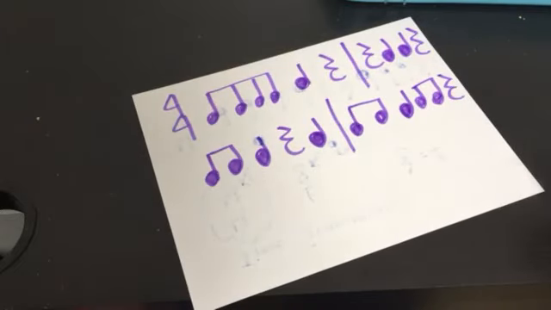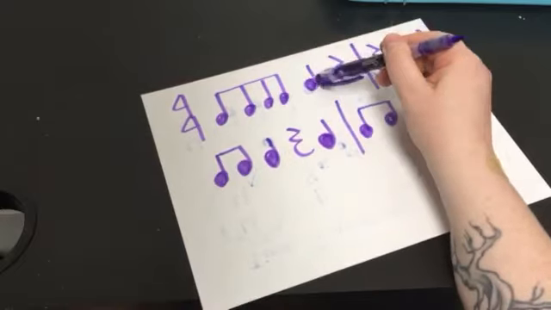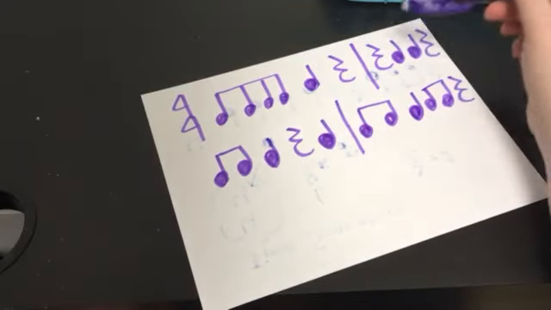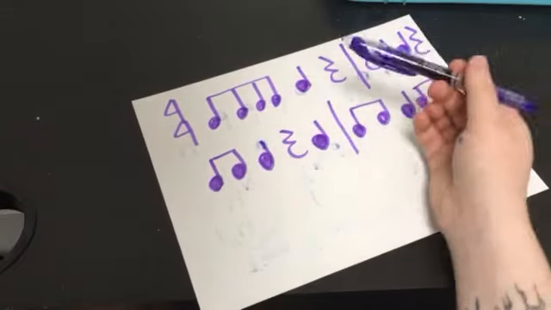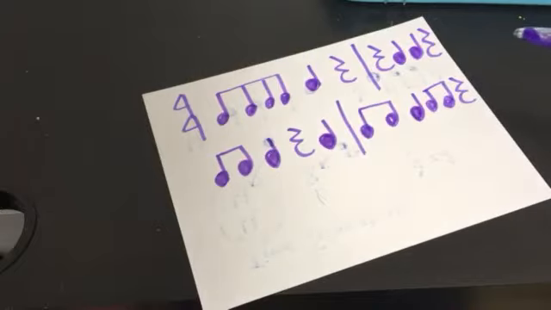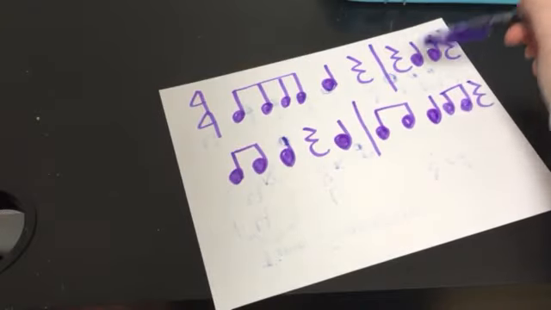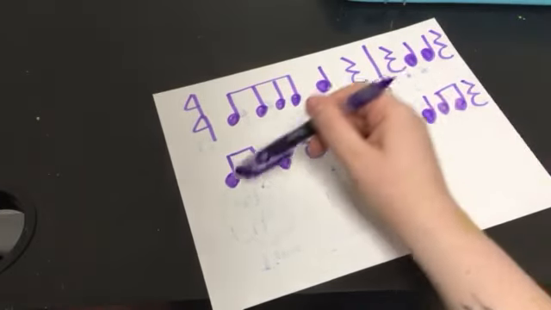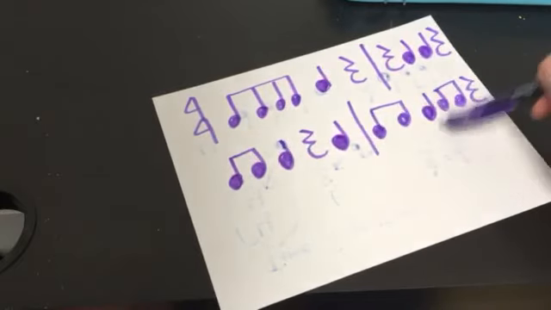Okay, so trying this out on C, I would count 1 and 2 and 3 and 4 and 1 and 2 and 3 and 4 and 1 and 2 and 3 and 4, or if you prefer, TT and ta, T T T T ta ta ta ta ta ta, T T ta ta ta, T T ta T T ta.